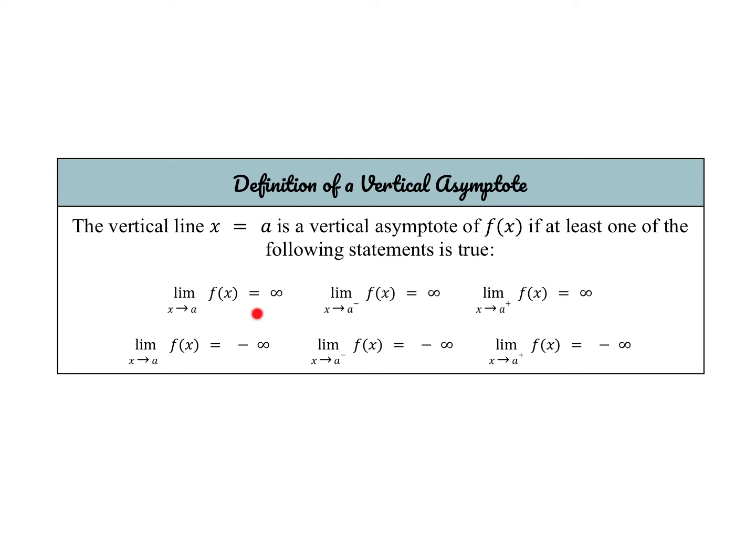So if you have one of these scenarios, again, approaching a value from the left or right and either going up without bound or down without bound, then we can say that that value a is a vertical asymptote. And maybe you remember describing asymptote behavior in a previous class. Really what you were doing is describing an infinite limit.